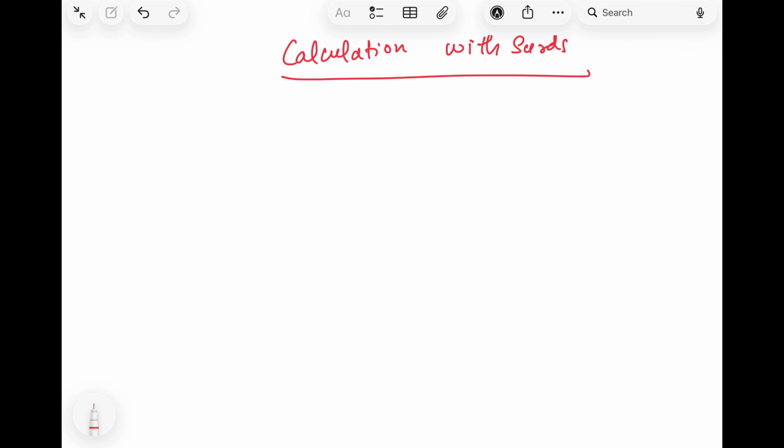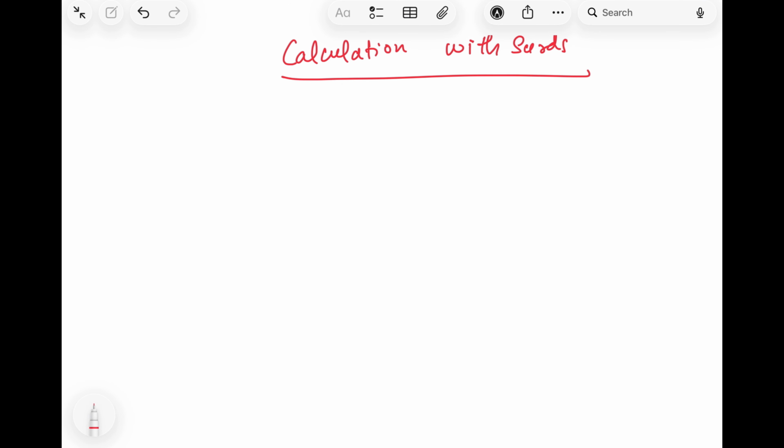Now how to do calculations with the surds? We need to understand, right? Just as we do calculations with decimals, fractions, whole numbers, rational numbers, we can also perform the calculations with surds also.